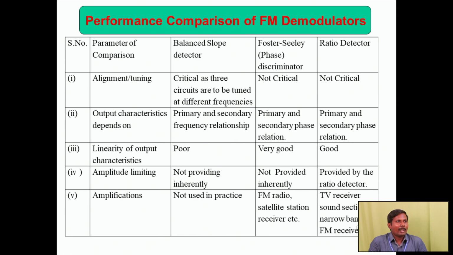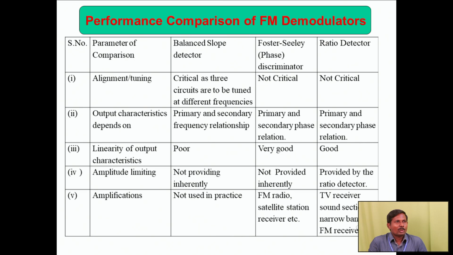Fourth parameter, amplitude limiting. In the balanced slope detector, amplitude limiting is not available. In the Foster-Seeley discriminator also, amplitude limiting is not provided inherently, but in the ratio detector, amplitude limiting is provided. Next, fifth one is applications.